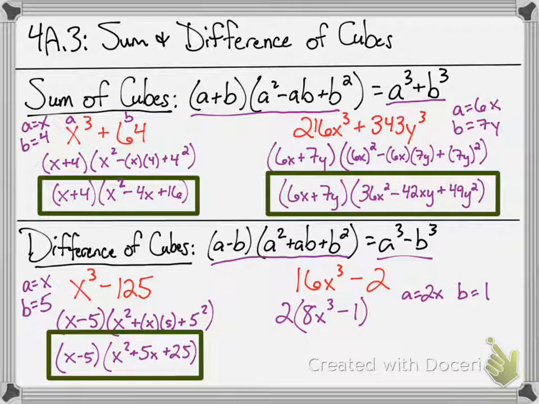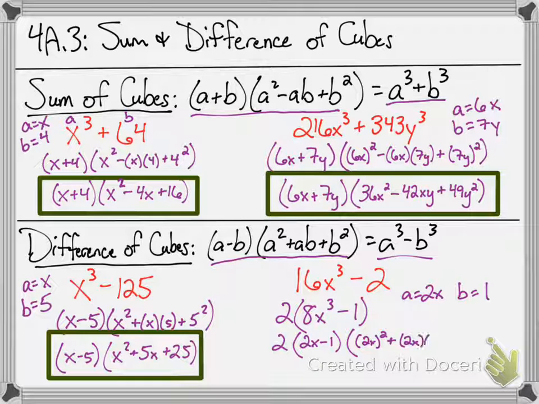So as I carry through this, no different than the other factoring problems, if you have a GCF that came out front at first, we're going to just bring the 2 down, and then we're going to start and plug in these values into our pattern. So my first factor is A minus B. So in this case, it's 2x minus 1. Then we have A squared. So we have (2x) squared plus AB.